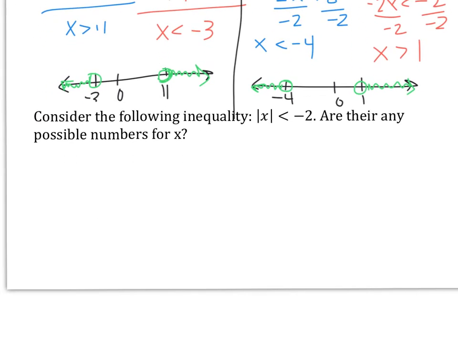The last thing we'll look at is, consider the following inequality. The absolute value of x is less than negative 2. Are there any possible numbers for x here? No, the absolute value of a number can never be less than a negative number, right? So this is not possible because we can't have a negative value for the absolute value.